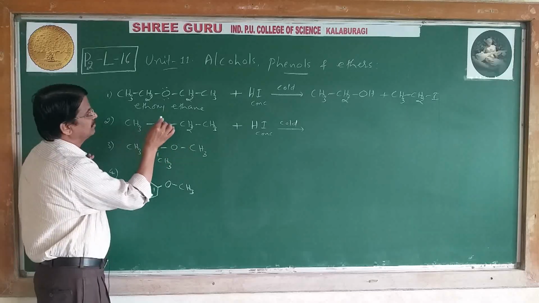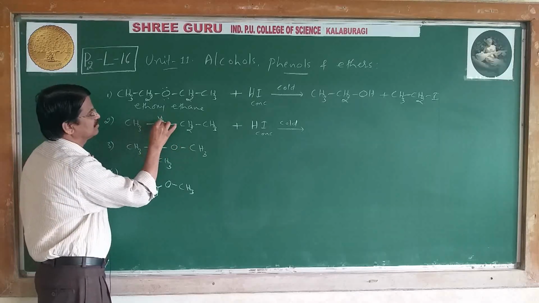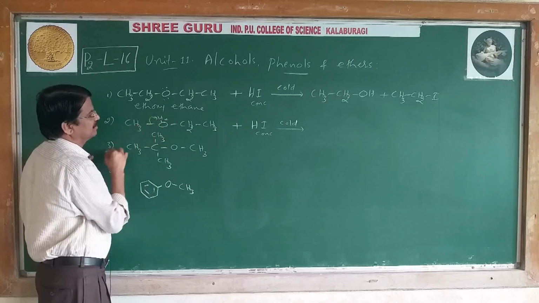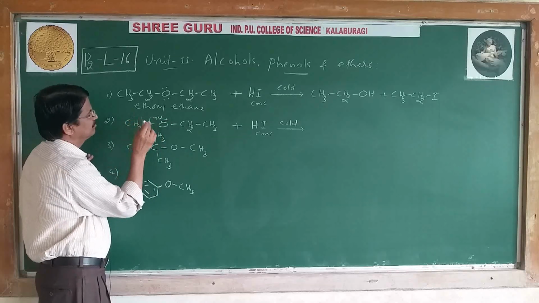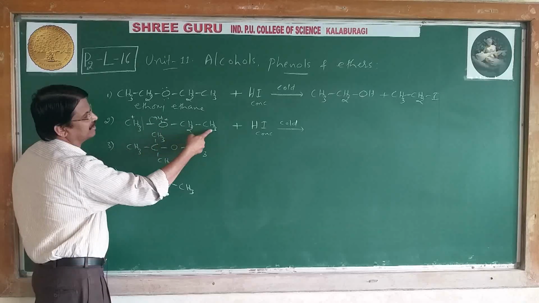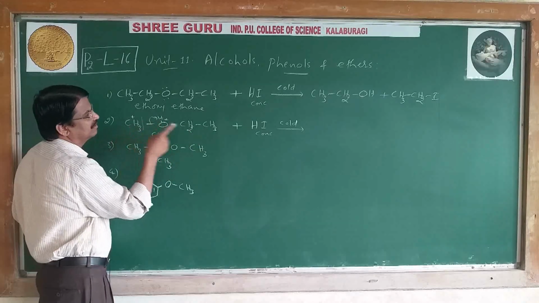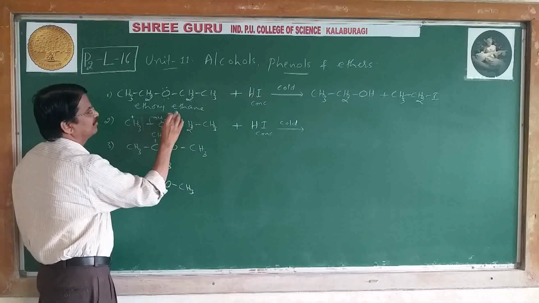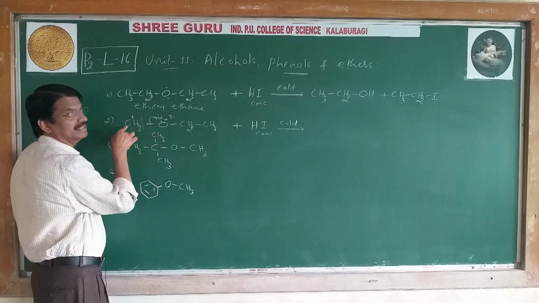Therefore, if you write it like this, the bond shifts here and this becomes positive. We get CH3CH2OH plus methyl iodide. The I links here.